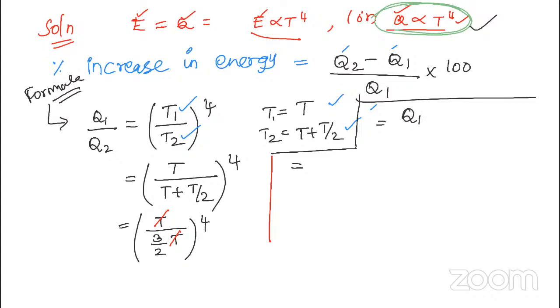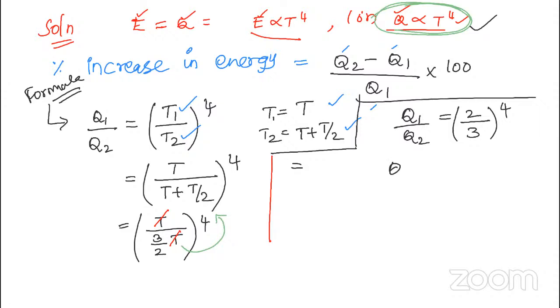Q1 by Q2 is equal to, here it is 3 by 2. Now we are converting it: the denominator we can convert into the numerator. So 3 by 2 changes to 2 by 3, the whole power of 4.